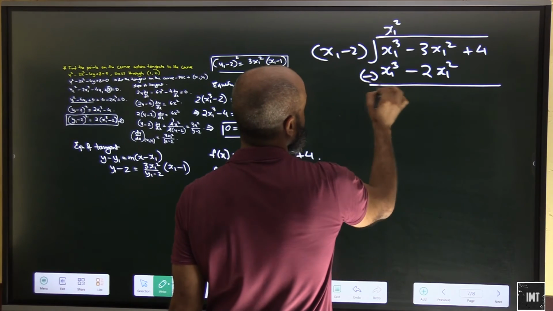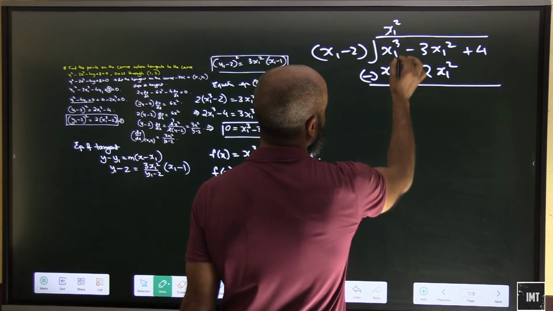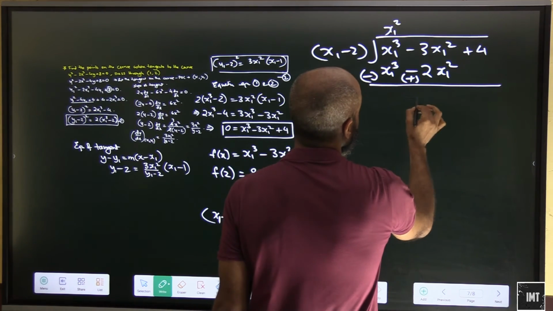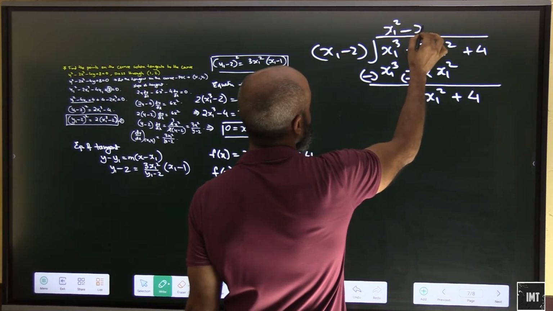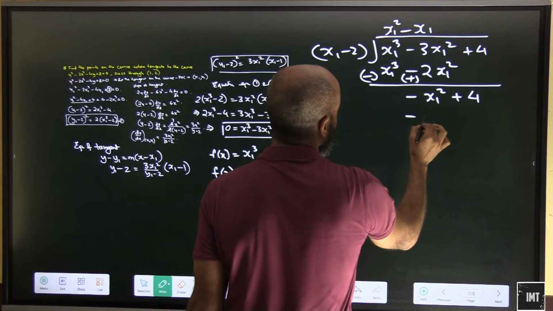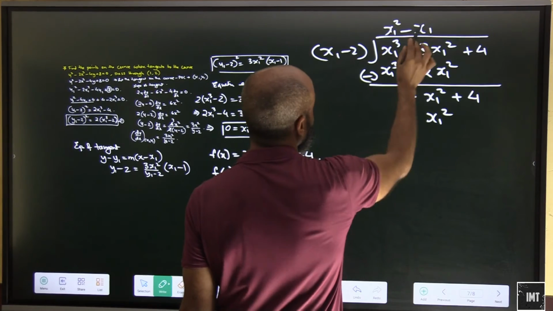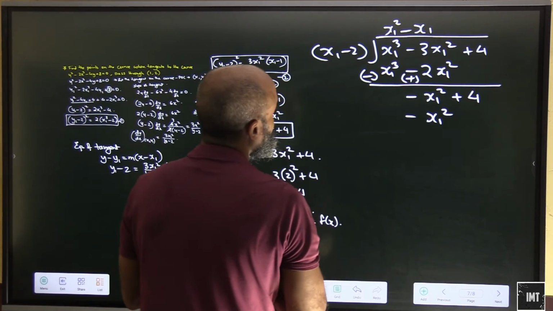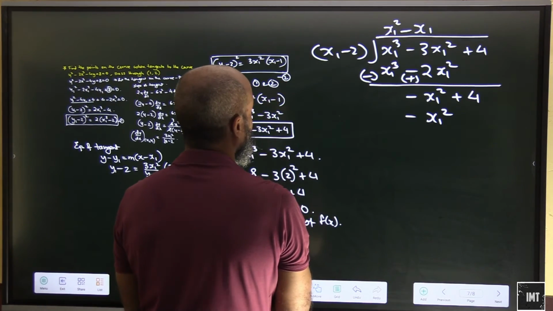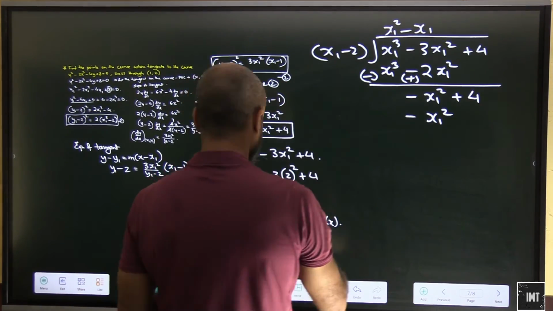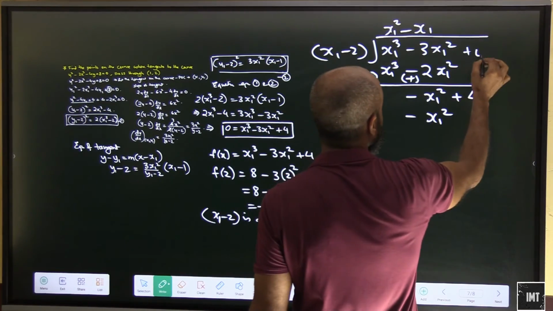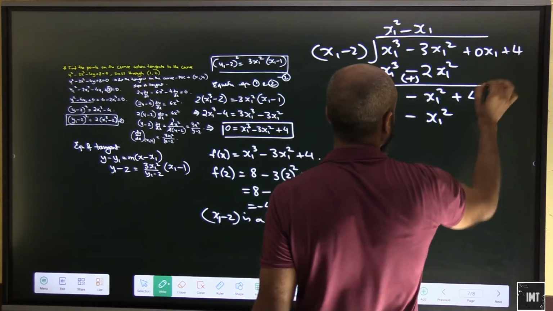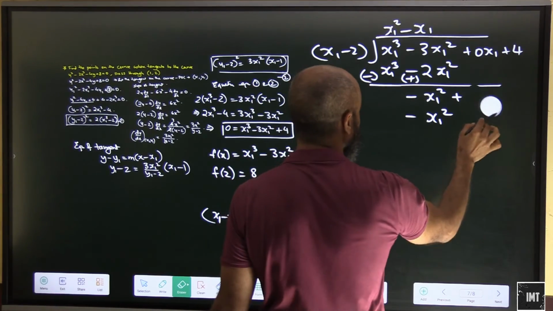If I subtract this, this gets cancelled, this is -x^2 + 4, so this will be -x, so -x gives you -x^2. We have to do a 0x here. Okay, so plus 0x + 4.